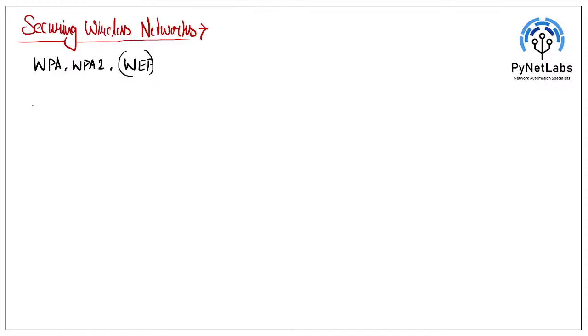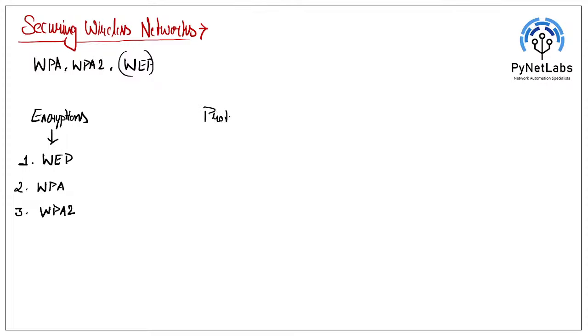So let's create a table. Let's say we have some encryptions. In the encryptions, the first is WEP, the second is WPA, and the third is WPA2. And after these encryptions, we have some protocols which are used for these encryption standards.